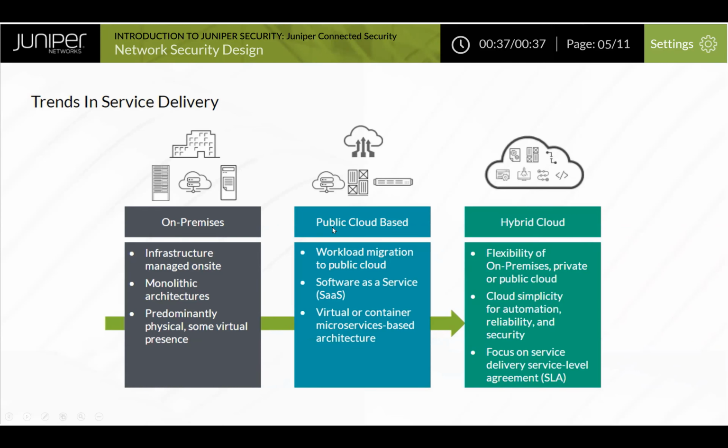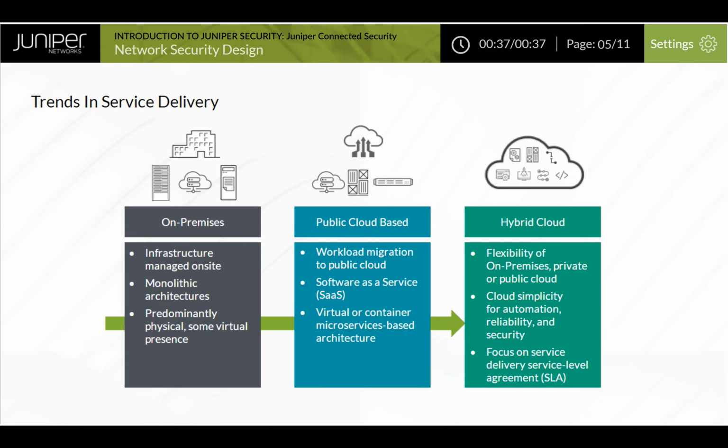Okay. If I consider public cloud based, some of your applications are hosted in the public cloud. Your users are connected in your LAN. These LAN users access the public cloud hosted service through the internet.